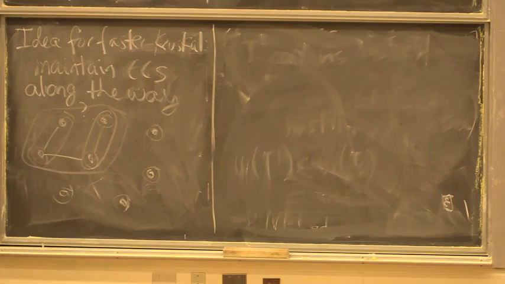All right? So I want to be able to merge sets of vertices that previously had distinct connected components, and update them to have the same connected component.